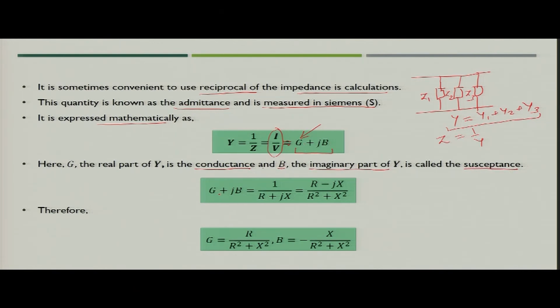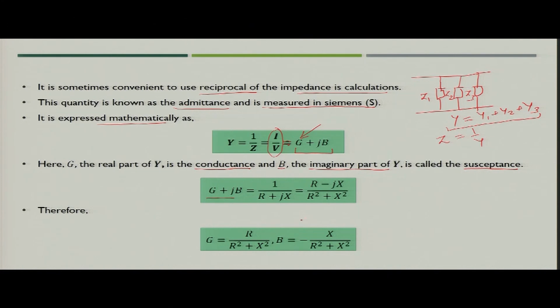So, what is G plus jB? G plus jB is nothing but 1 upon Z, and Z is nothing but R plus jX. So, if you simplify, you will get G plus jB is nothing but R minus jX divided by R square plus X square.